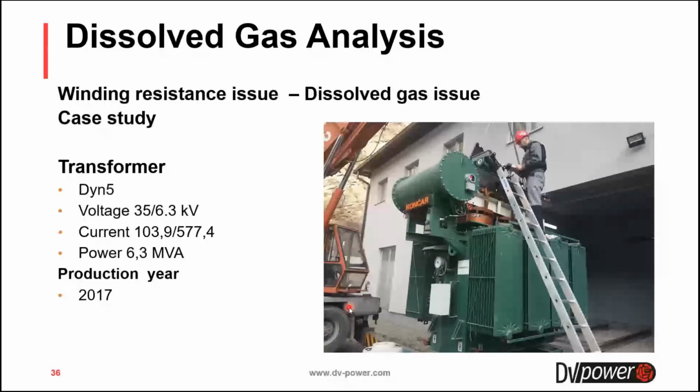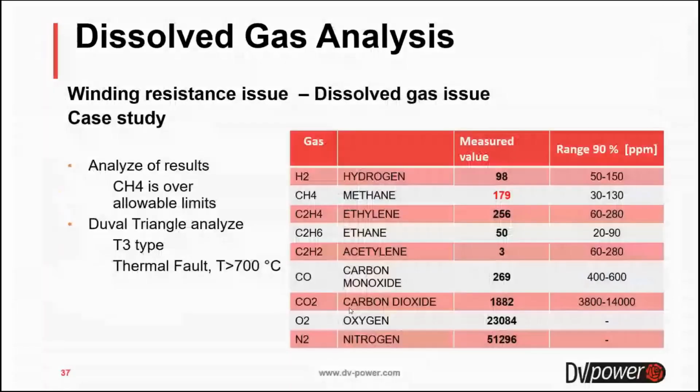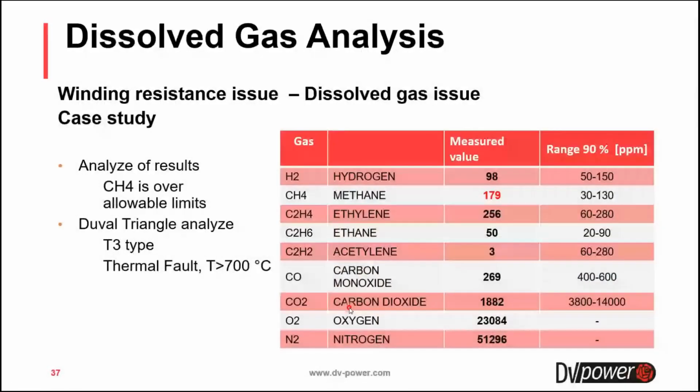What happened with this transformer? The transformer has been withdrawn from operation. Gases began to collect in the Buchholz relay on a daily basis. The staff bled the Buchholz relay several times before deciding to withdraw the transformer from operation.